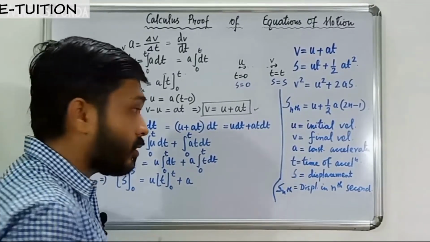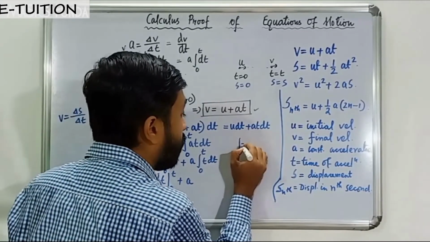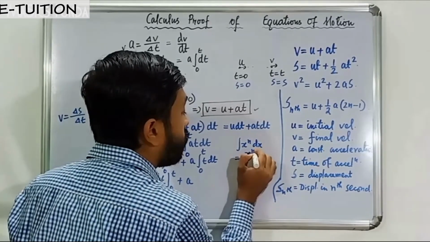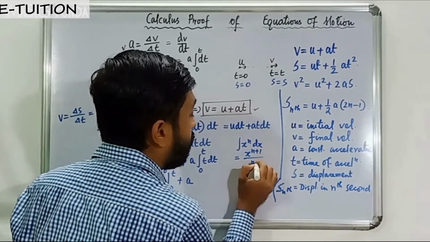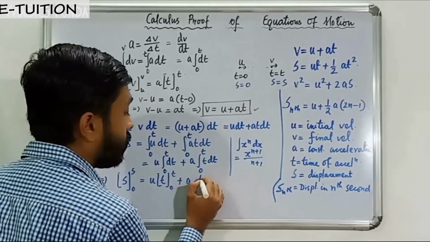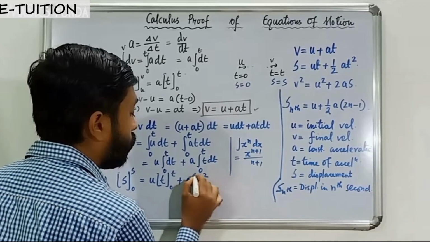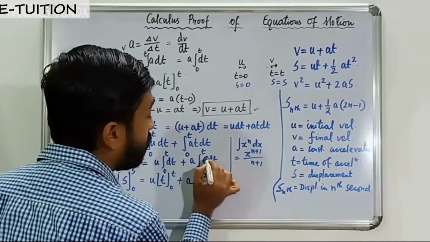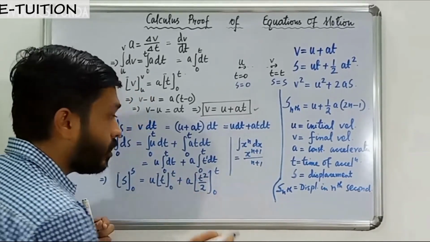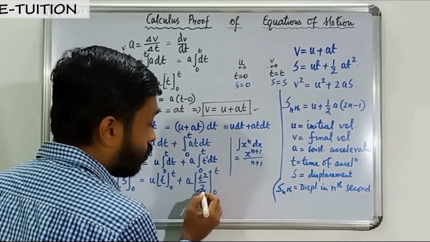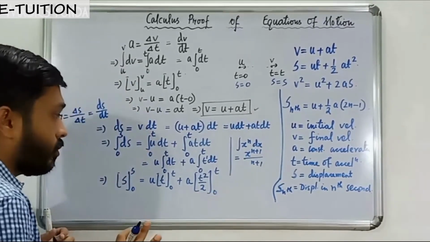As far as I guess you remember the formula, integral of x to the power n dx equals x to the power n plus 1 by n plus 1, right? So on the basis of this formula, we are writing t square by 2, 0 to t, because you can understand t dt means t to the power of 1 dt. So all that is coming here is t to the power 1 plus 1, that is 2, by 1 plus 1, that is 2. Okay.